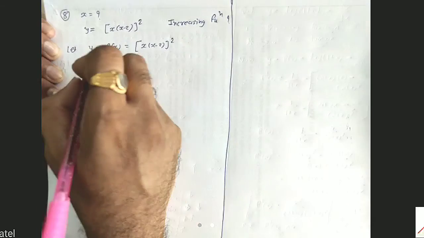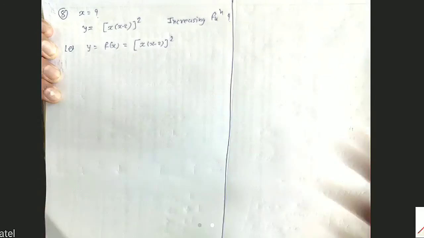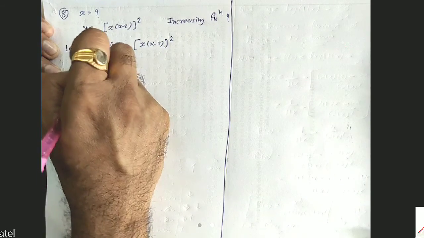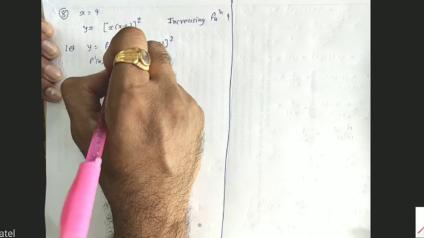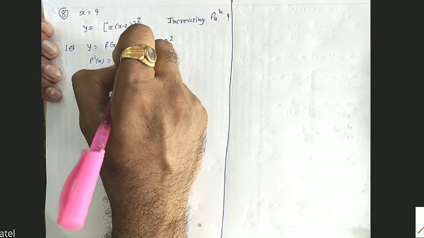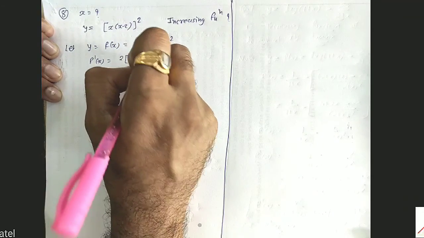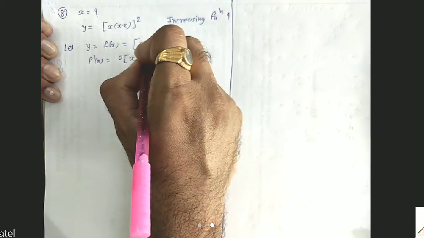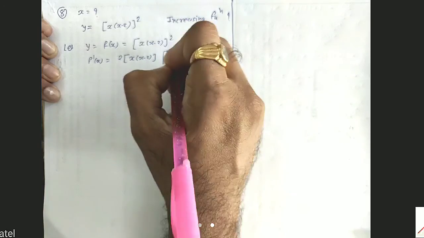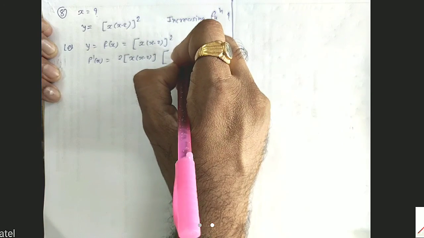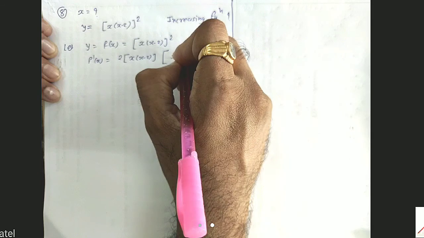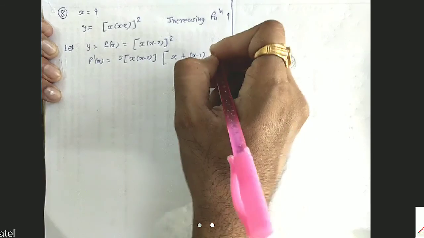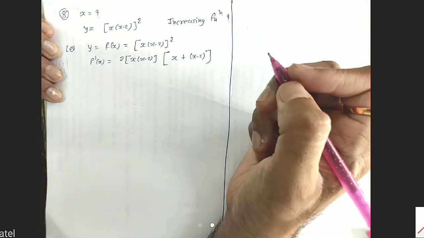First step, you have to obtain the first order derivative. So differentiate on both sides with respect to x. We are getting f dash x. So what is our f dash x? It's 2 into x into (x minus 2) to the power 2 minus 1. Again, differentiation of this x into (x minus 2): x is as it is, differentiation of (x minus 2) is 1, plus (x minus 2) as it is, differentiation of x is 1.